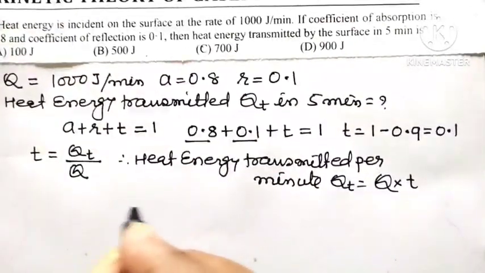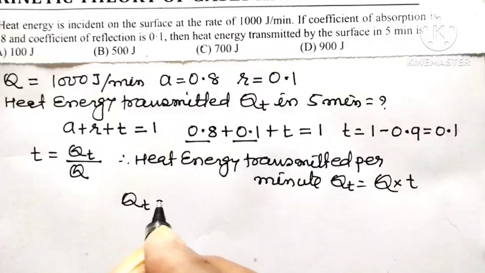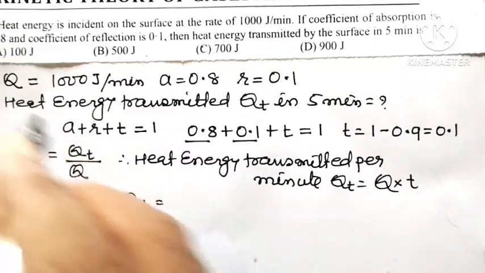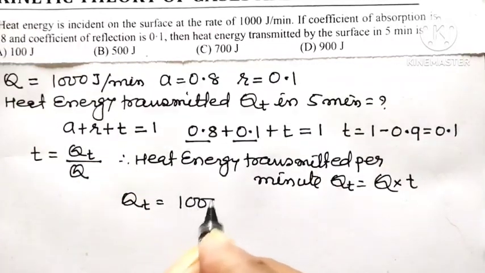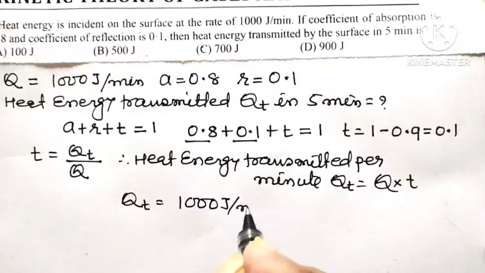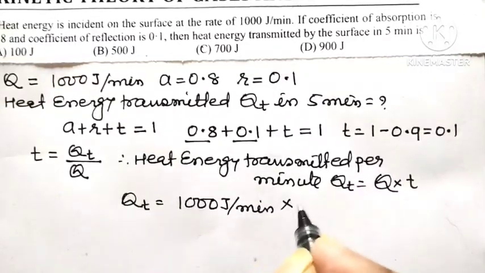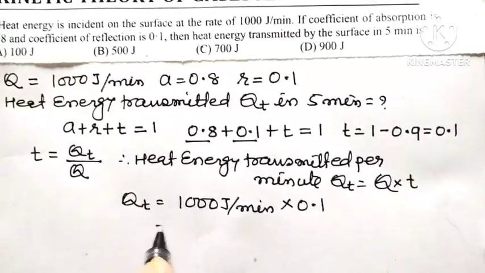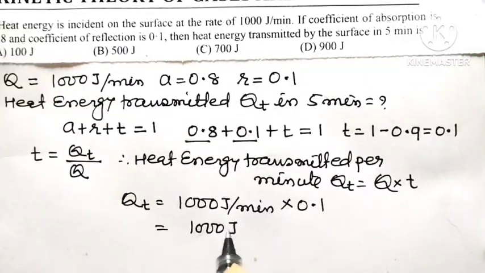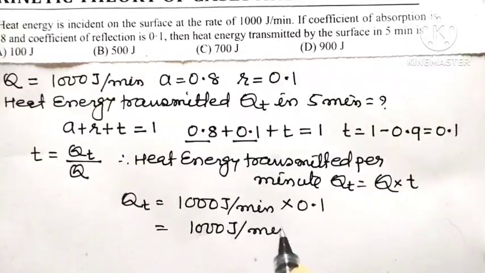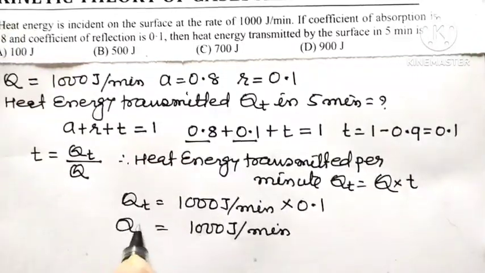What is the amount of Q? Here QT is equal to Q, which represents 1000 joule per minute, multiplied by coefficient of transmission 0.1. So 1000 into 0.1 means 100 joule of energy is transmitted in every 1 minute.